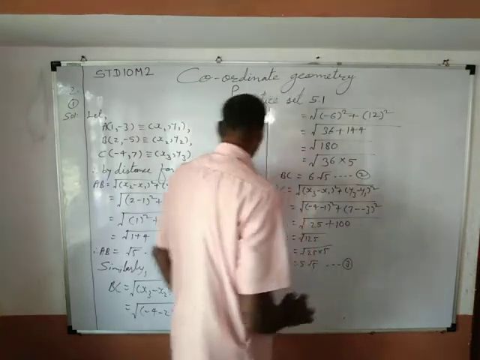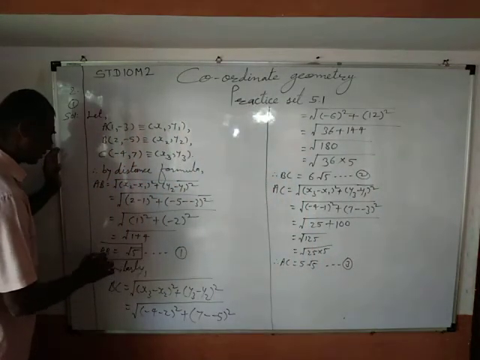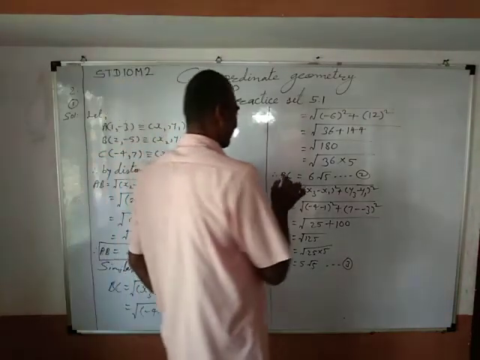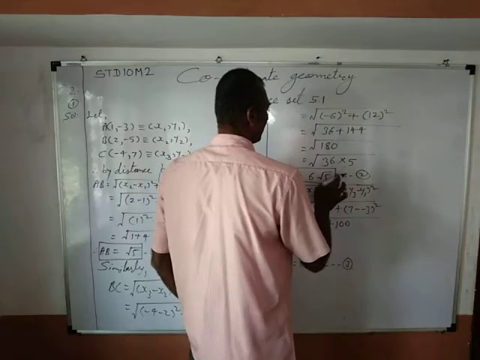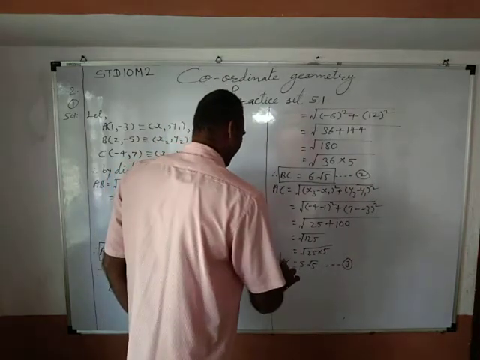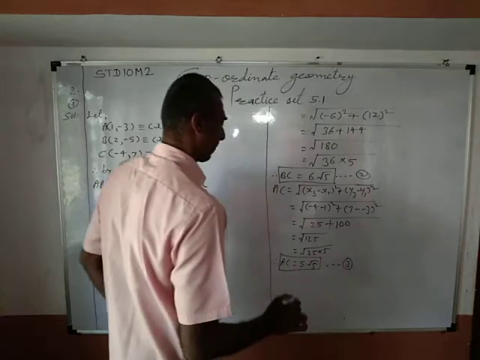Therefore AC equals 5 root 5. Equation third. First equation tells us AB equals root 5. Second equation tells us BC equals 6 root 5. And equation third tells us AC equals 5 root 5.